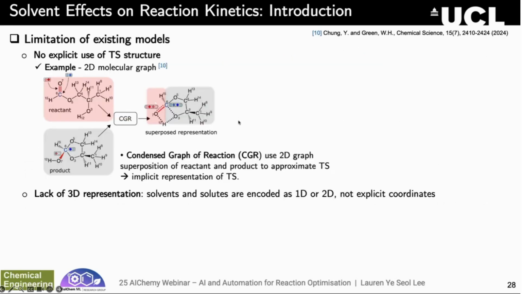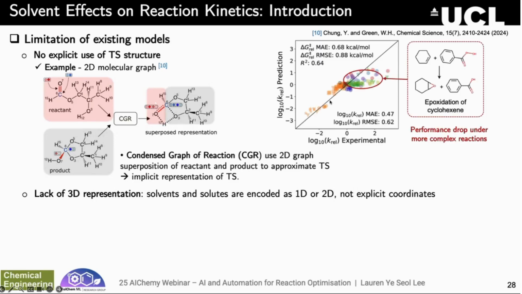So for example, 2D reaction graphs, such as CGR, condensed graph of reaction, approximate the transition state by superimposing reactant and product. So the inputs for the prediction in this case are 2D graphs of reactant and product only. And this model can still provide high accuracy for these simple reactions, but their applicability is limited.